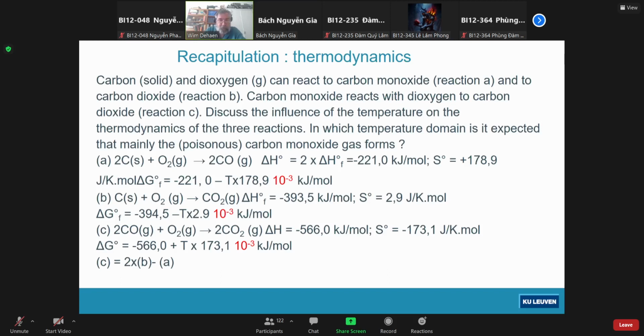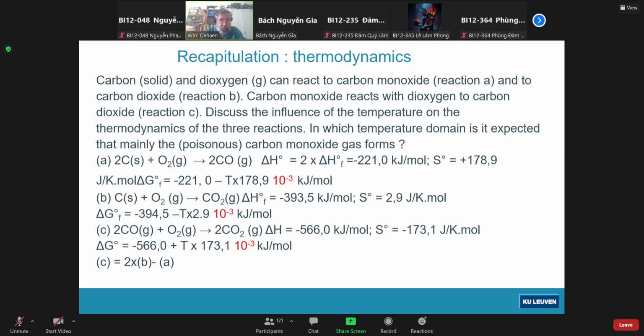And so we can put that in one equation. So that means at the temperature 0, you have a very strongly negative enthalpy, which is of course not favorable. And then afterwards it becomes more and more negative.